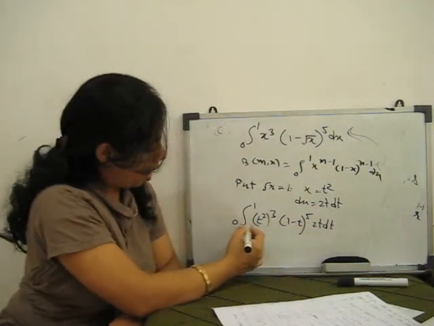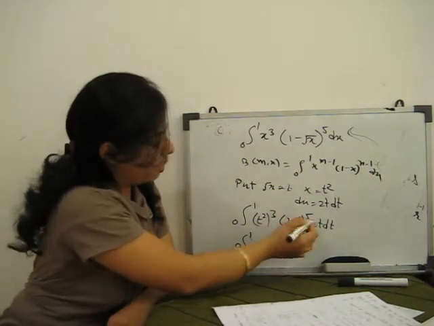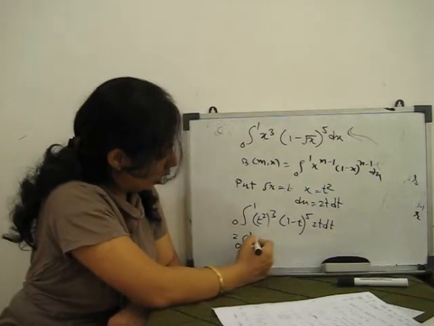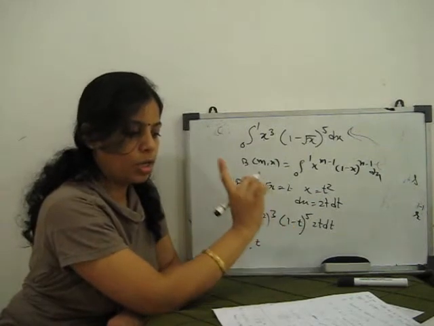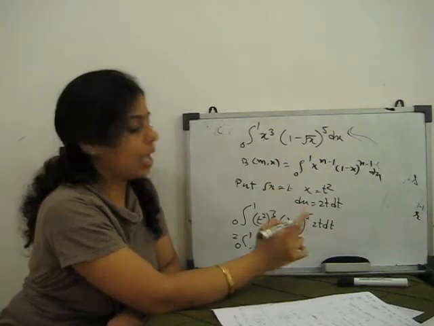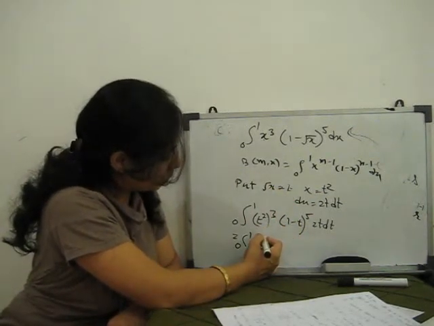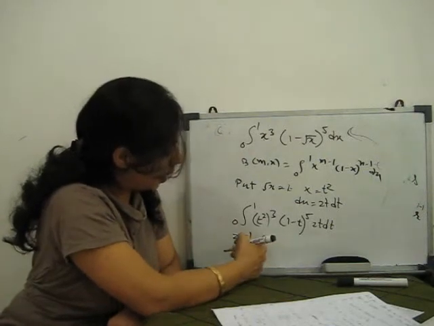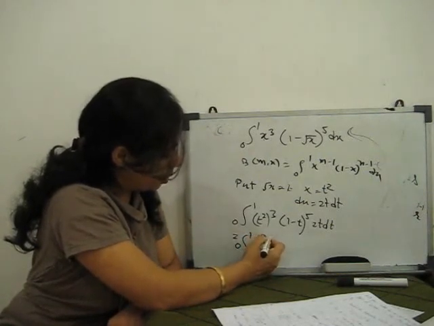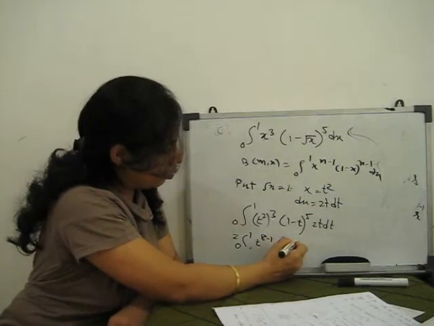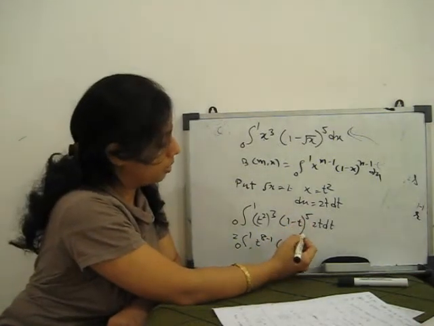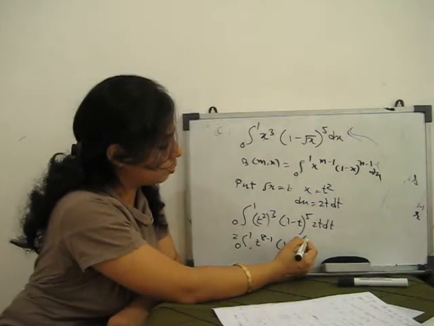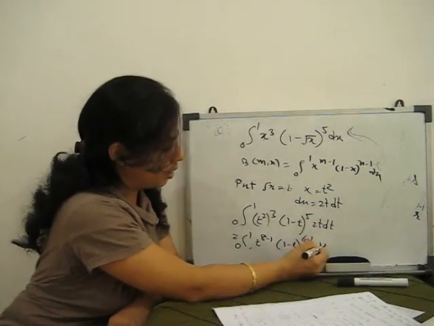This gives t square to the power 3, 1 minus t to the power 5, 2t dt. So our integral from 0 to 1, when we combine all, the 2 comes outside, t to the power 6 plus 1, 7. So it gives t to the power 7, 7 means 8 minus 1, times 1 minus t to the power 5, 5 is 6 minus 1, dt.